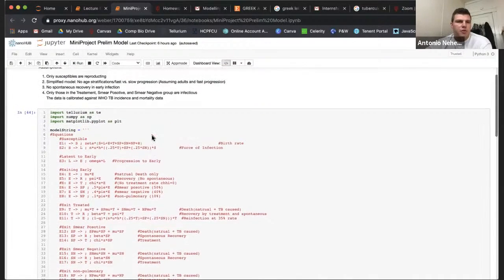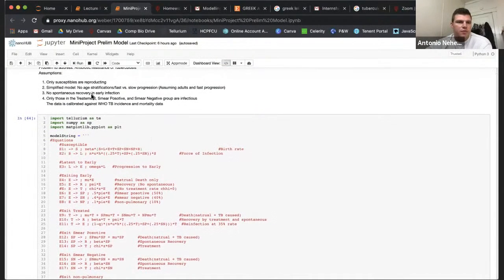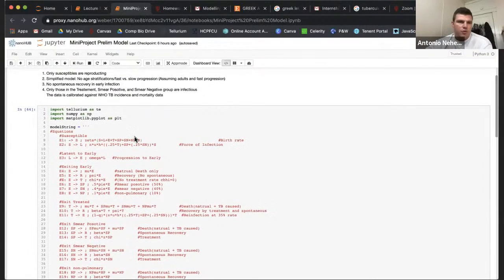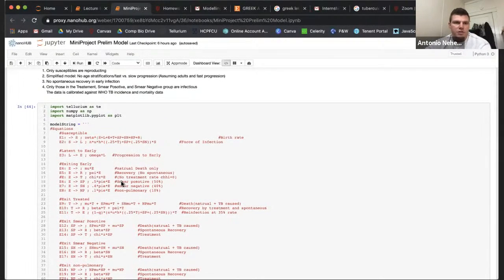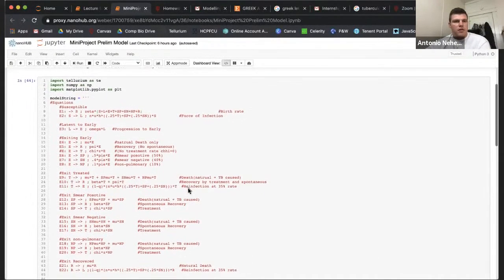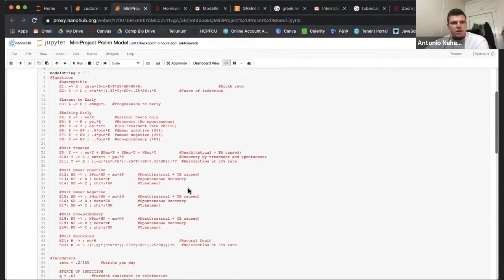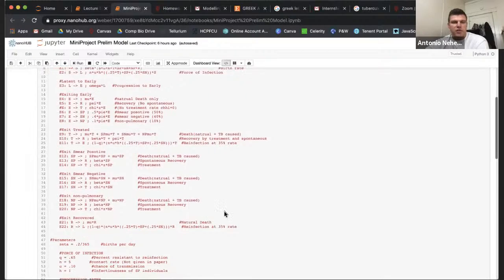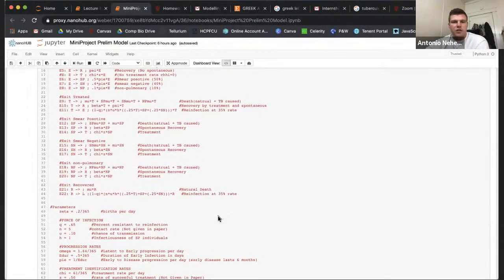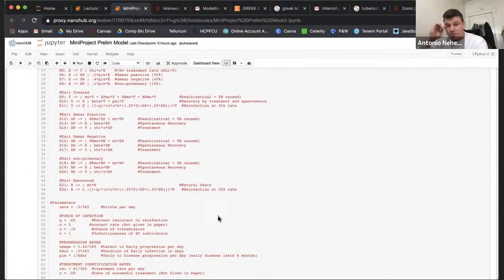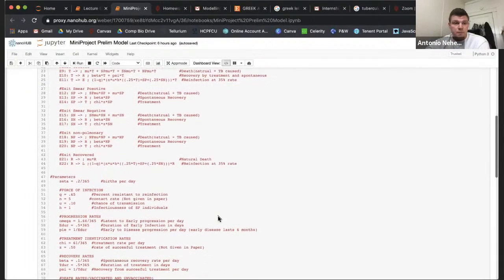Some of the other assumptions I'm making is that there's no spontaneous recovery in the early infection, and that only those in the treatment, the smear positive and the smear negative group, are infectious. And this data has all been calibrated against WHO TB incidence and mortality data for TB prevalent regions, so a lot of African nations, some Asian nations as well.